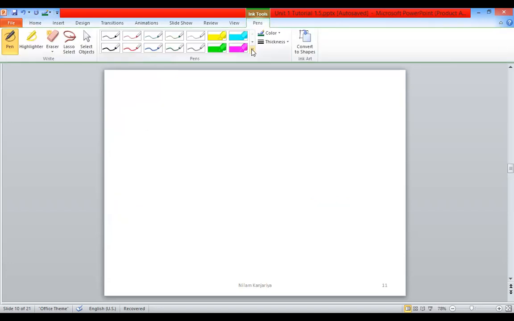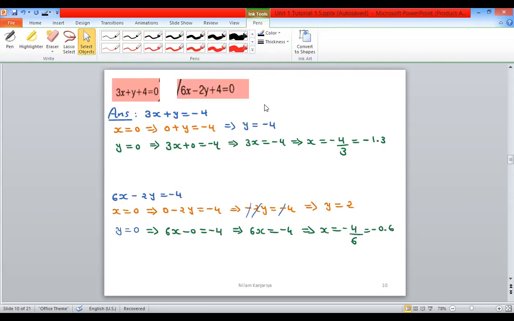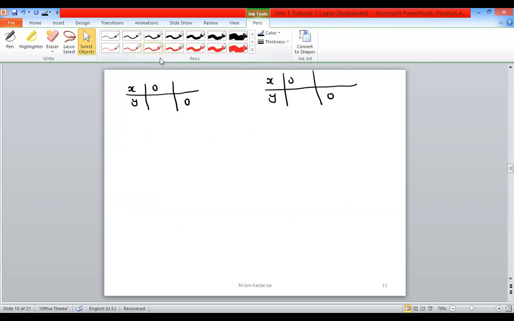My first table is x is 0 and y is 0. My second table is x is 0 and y is 0. So when I have x is 0, y is minus 4.